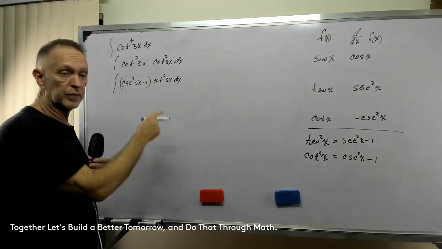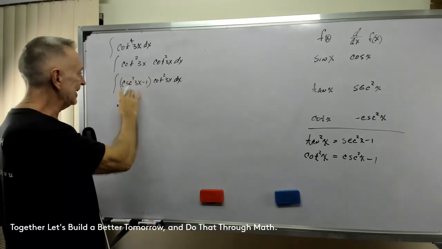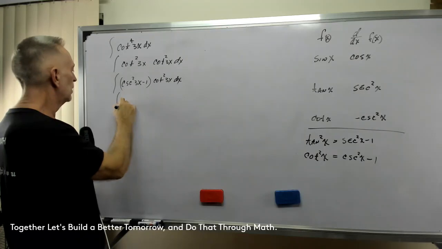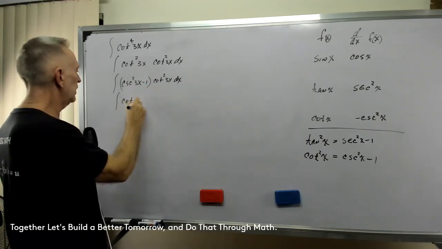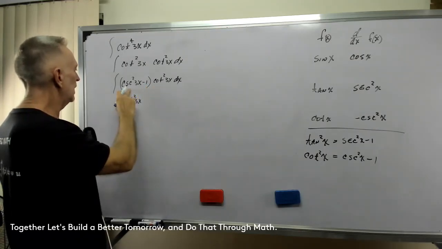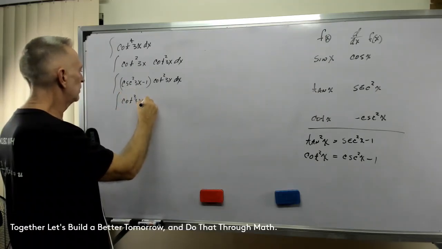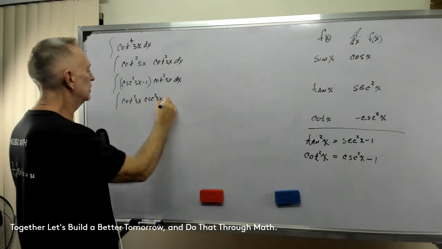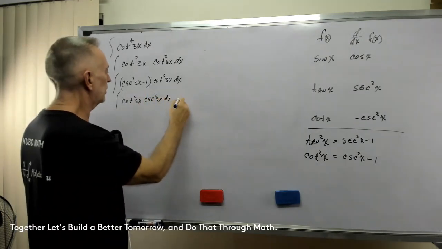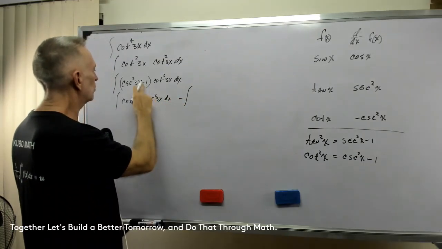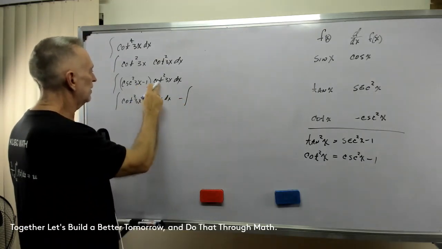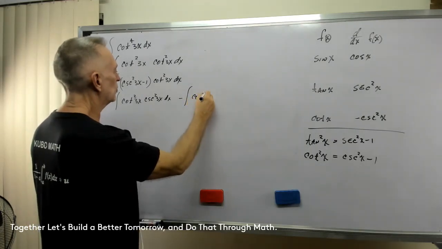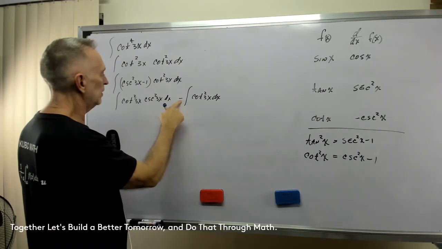Now let's distribute that cotangent 3x into this parentheses. So we have the integral of cotangent 3x squared times cosecant 3x squared minus, and I'll go ahead and just separate the integrals out, minus the integral of cotangent 3x squared dx. So that's my minus 1 here.